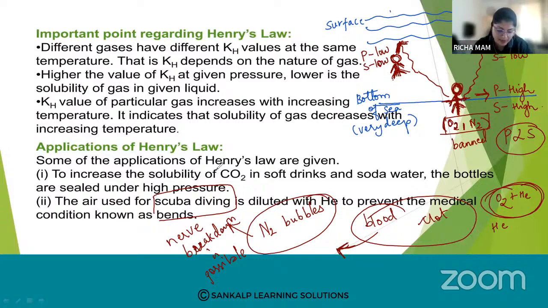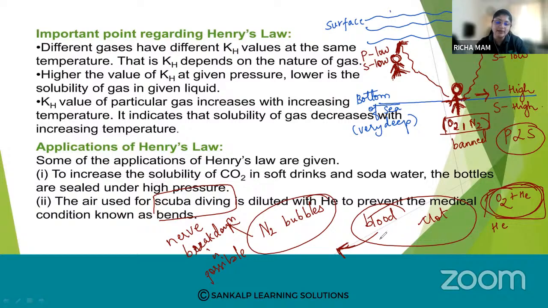Applications are very important, so they will ask you the question. How can the scuba divers prevent themselves from this nerve breakdown? What do you have to use? You have to use the oxygen plus helium cylinder, because helium is less soluble as compared to nitrogen.